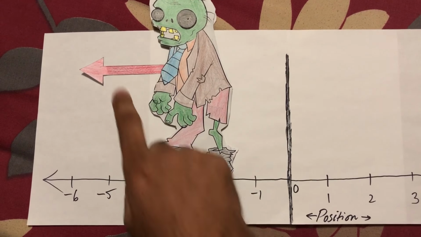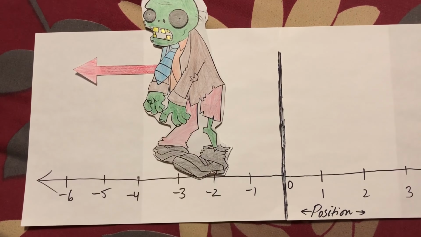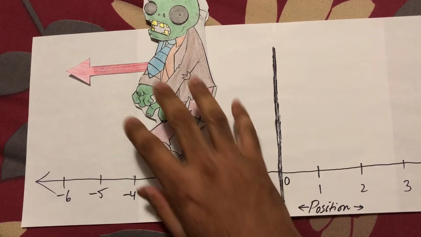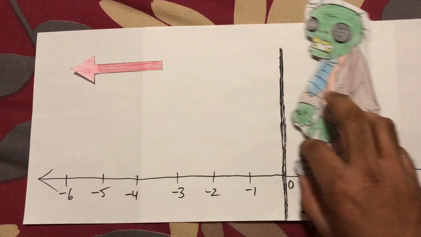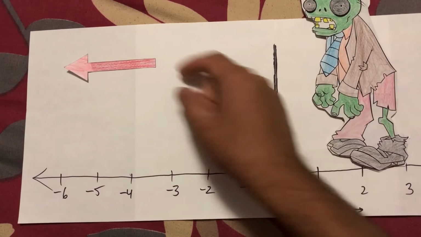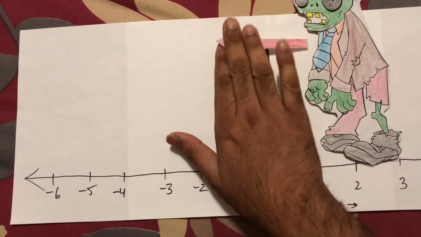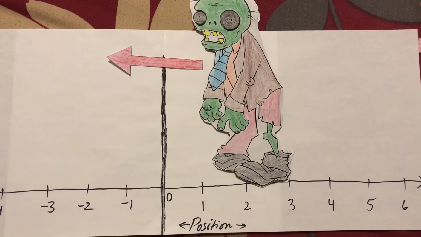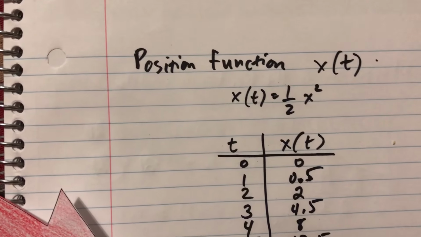So having a negative velocity does not mean you must be on the negative side. You could have a negative velocity even when you're on the right side, because the position is controlled by the position function.